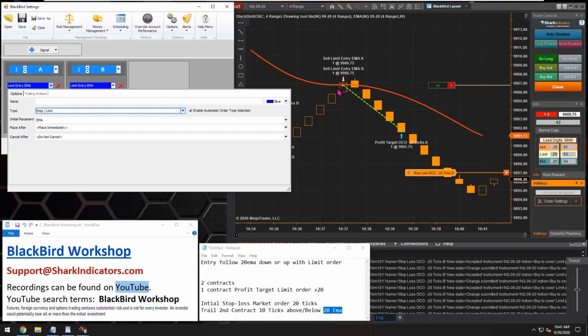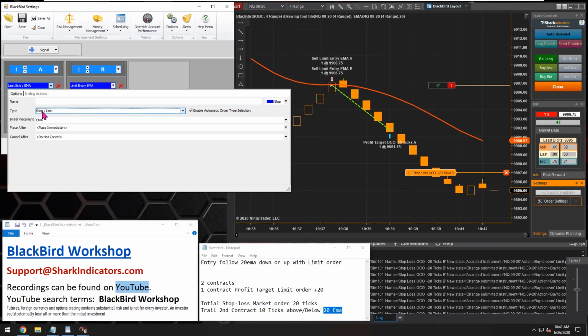So for example, going back to the chart, if price is below the moving average and you wanted to go long, then BlackBird will be able to determine that your entry order needs to be a stop entry order in order to place it above price. So there you go.